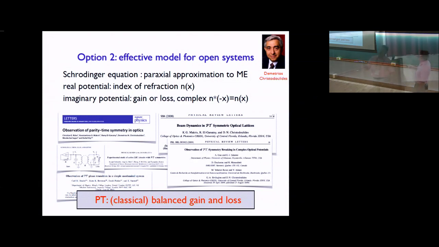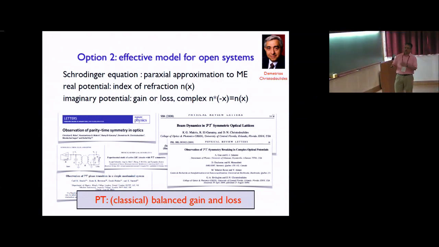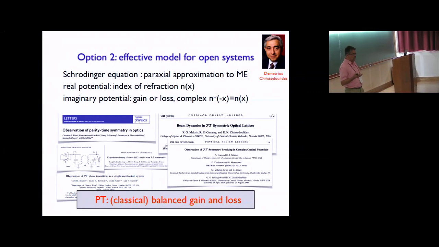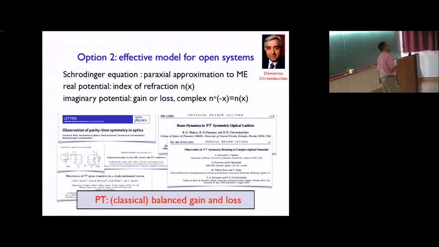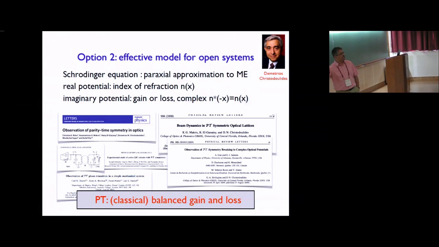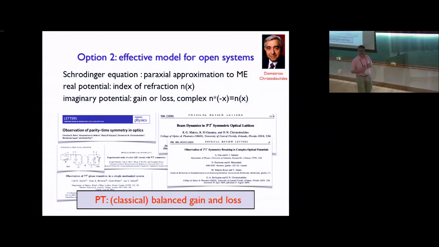And this led to a ton of experiments, which all come from this idea that a PT system is fundamentally a gain-loss system. It's an open system. So I don't care about unitarity, because I'm not talking about some fundamental description of nature. I'm talking about a specific type of open system, which has gain and loss in spatially separated parts of the system.